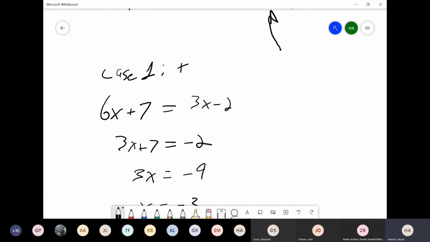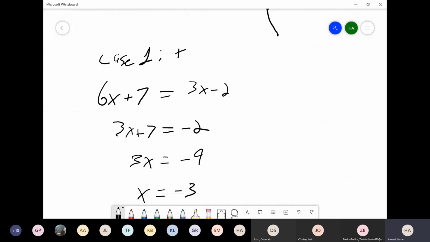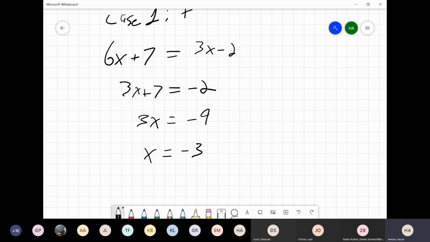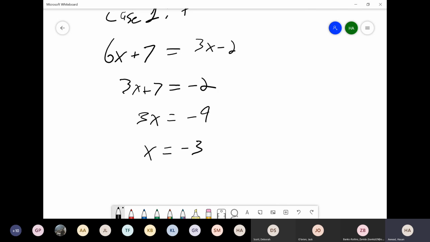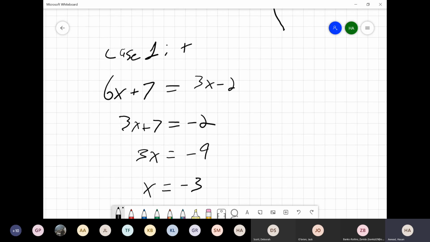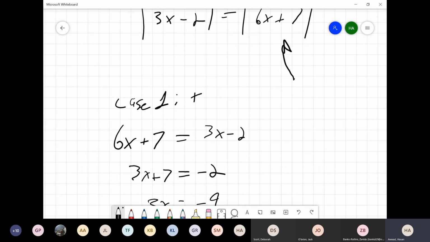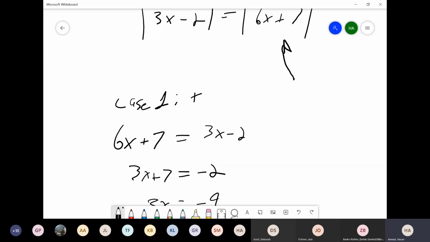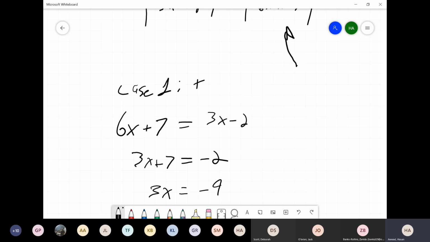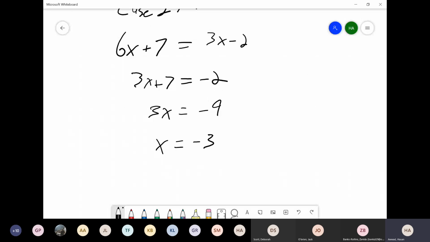So all we did was keep 3x minus 2 positive, and we solved for x. And this would be the exact same thing that you would get if you chose the other side to keep positive, if you kept 6x plus 7 positive, because 6x plus 7 positive is still 6x plus 7, right? So you would end up with the same solution of x is equal to negative 3.